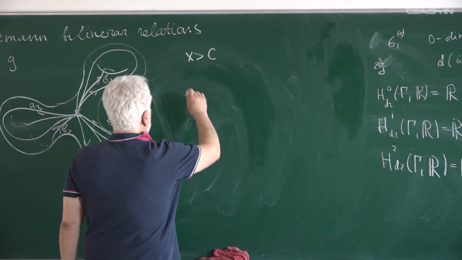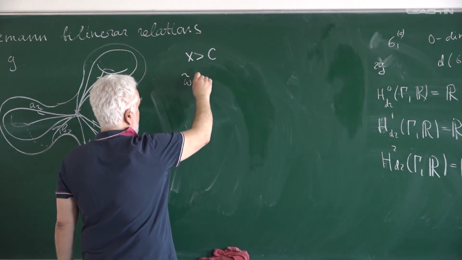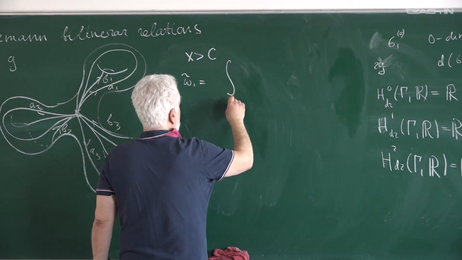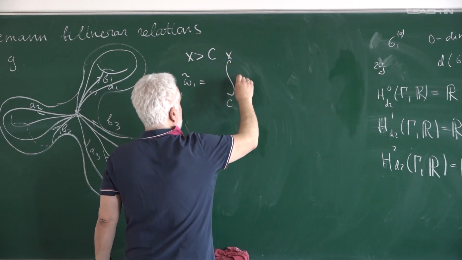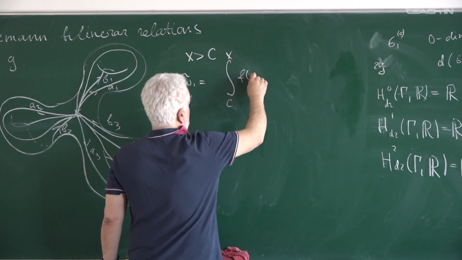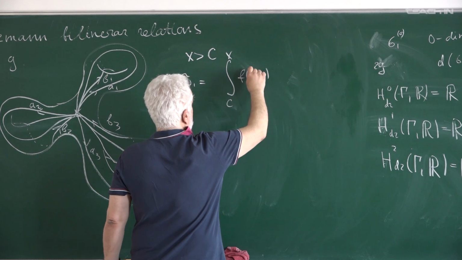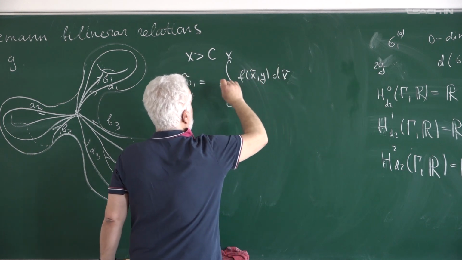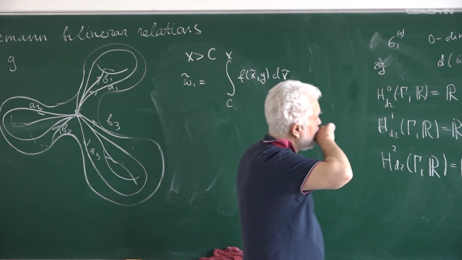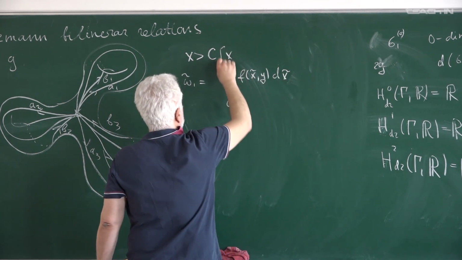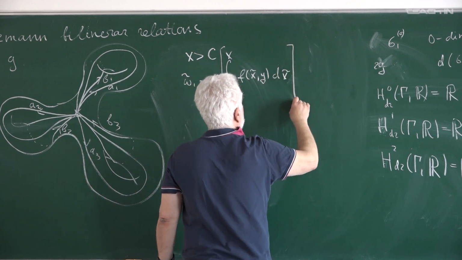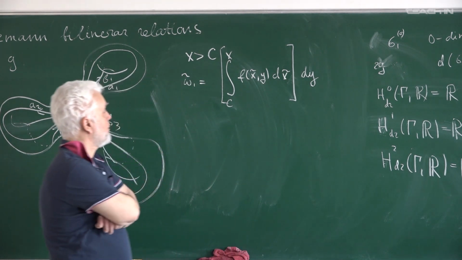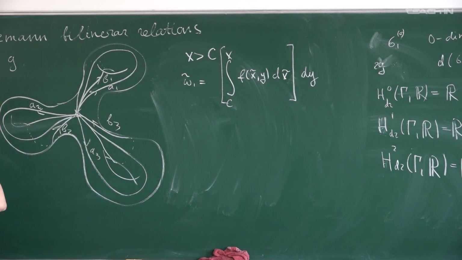Then we can introduce the following. Try to choose the form omega 1 tilde to be of C by X. You agree.